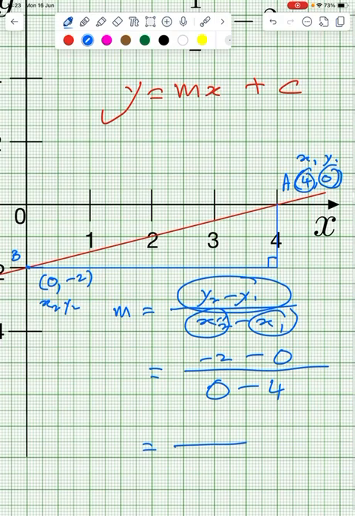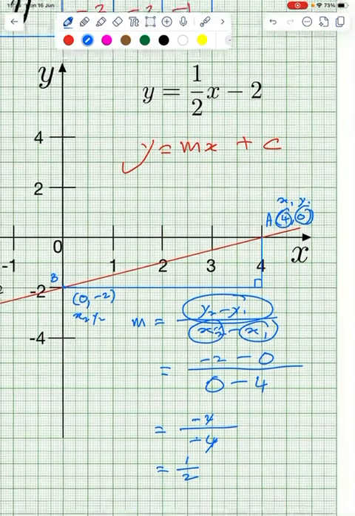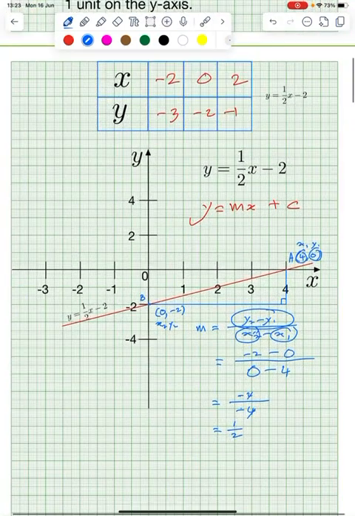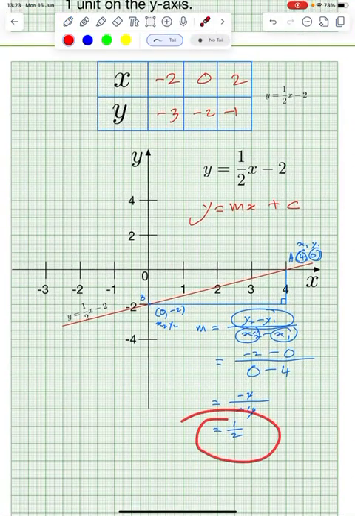So you have negative 2 divided by negative 4. Negative and negative give you positive, so 2 over 4 gives you half. Done deal. Proven that our gradient is indeed half, positive half, because it's going upwards.